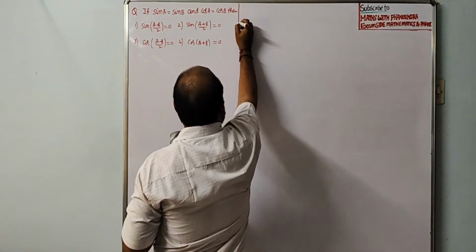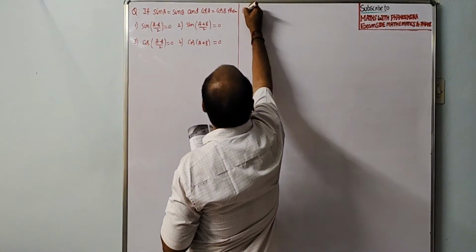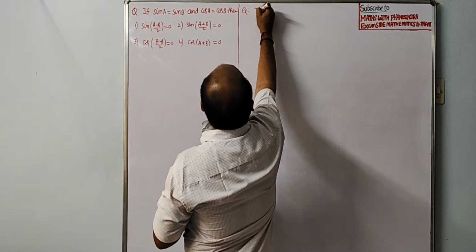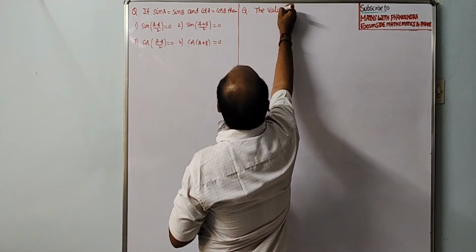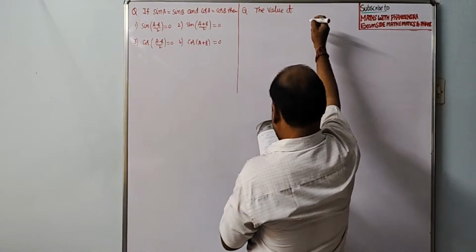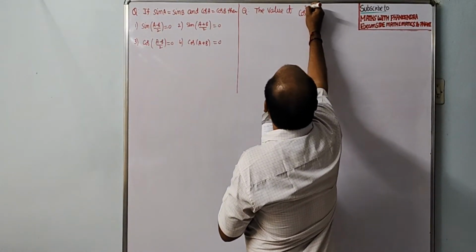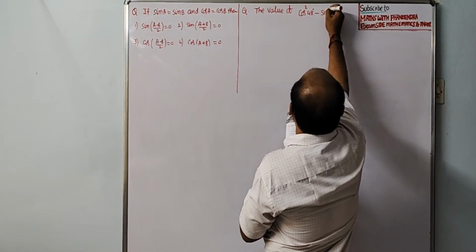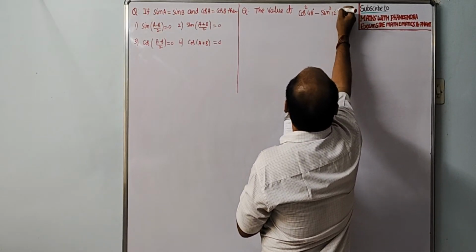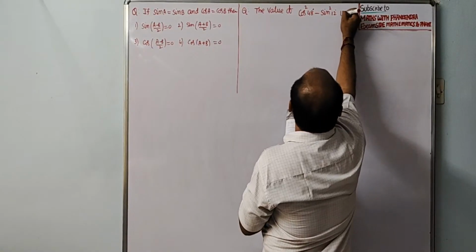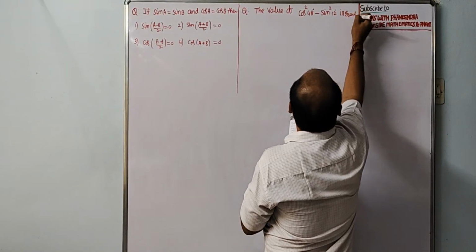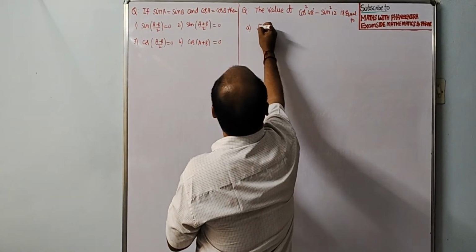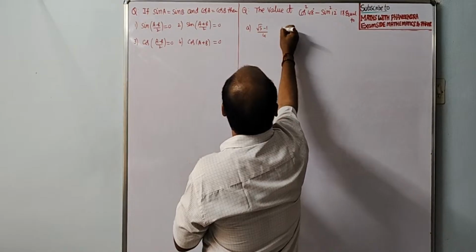The next question: the value of cos square 48 degrees minus sin square 12 degrees is equal to, so first option, root 5 minus 1 by 4.